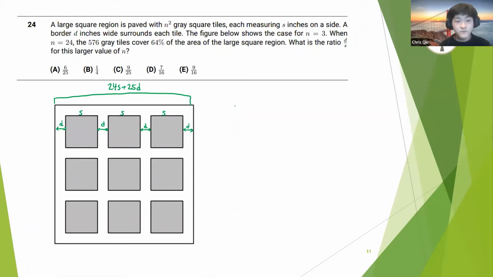And we're told that 64% of the area of this large square region is equal to the total area of all 576 gray tiles. So we can write this as 576s squared, which is the total area of all 576 gray tiles, is equal to 64% of the area of the large square region, which is (24s plus 25d) squared.